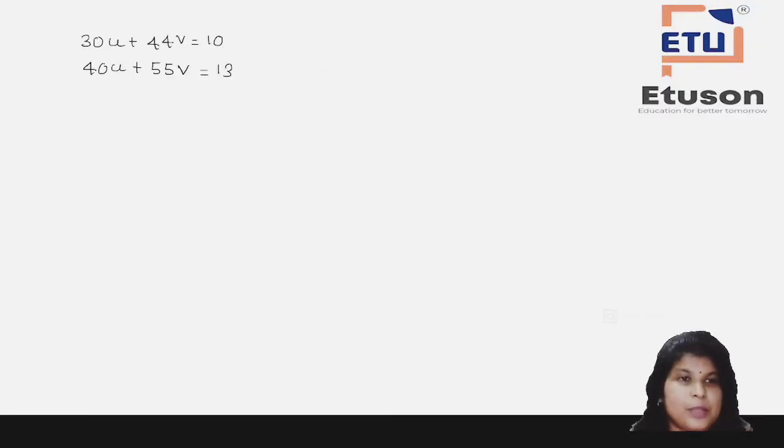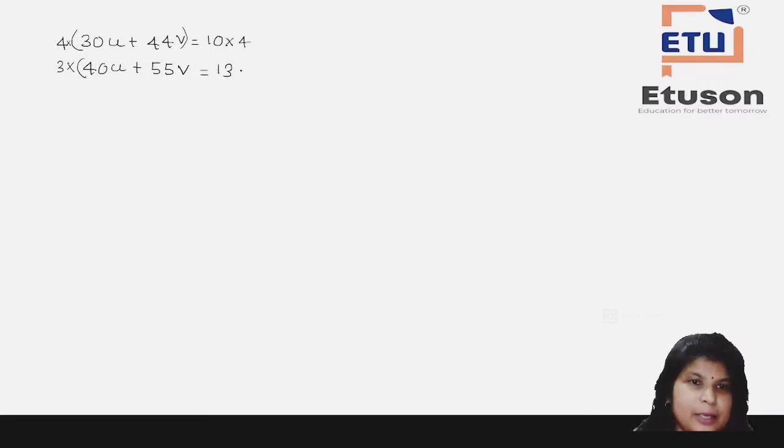So now, as I was telling you, we are going to multiply the first one with 4 and the second one with 3. As I am multiplying the number to the left hand side, I need to multiply the same to the right hand side also.